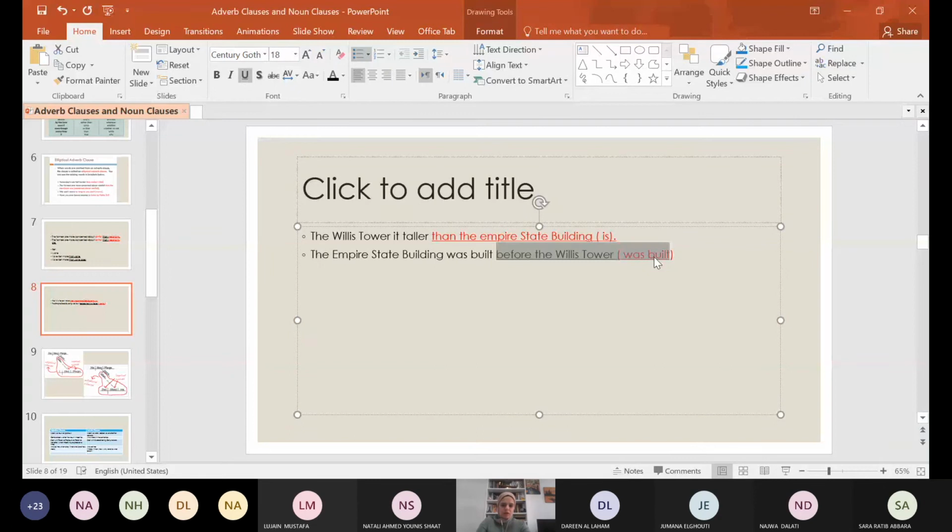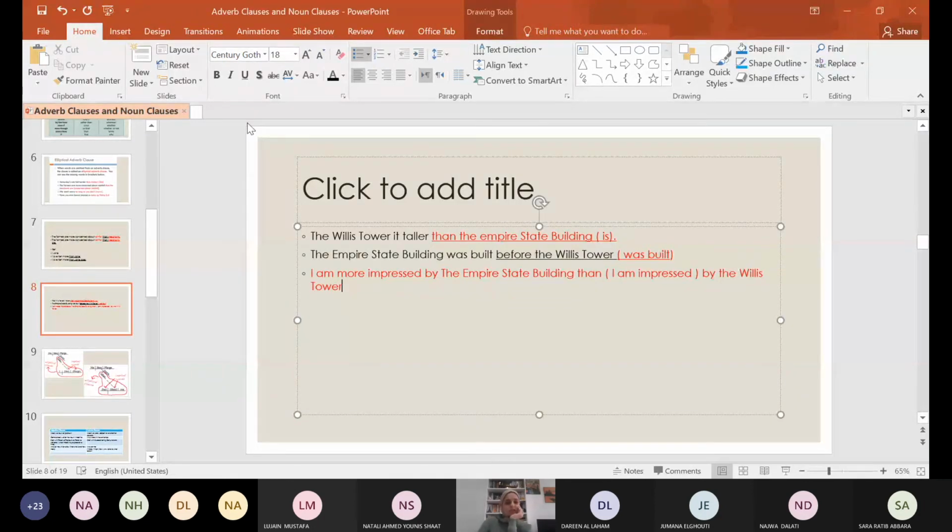Let's take the third example, because we still have like 2 minutes. I am more impressed by the Empire State Building than by the Willis Tower.